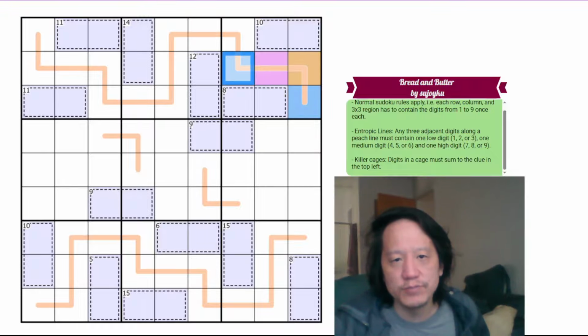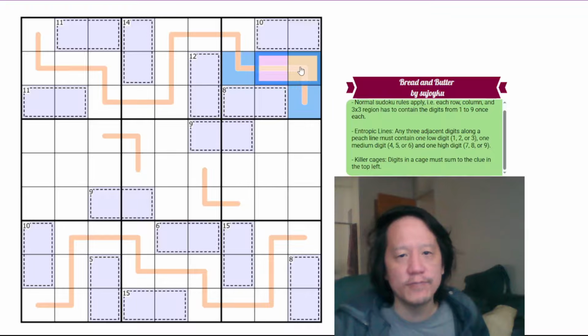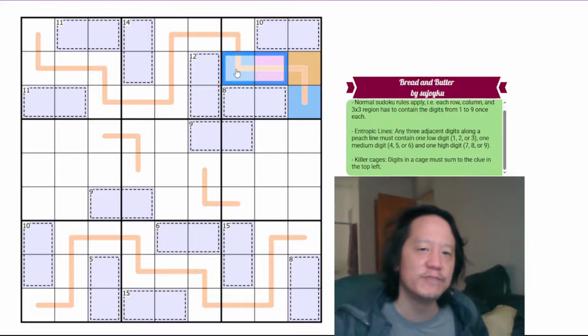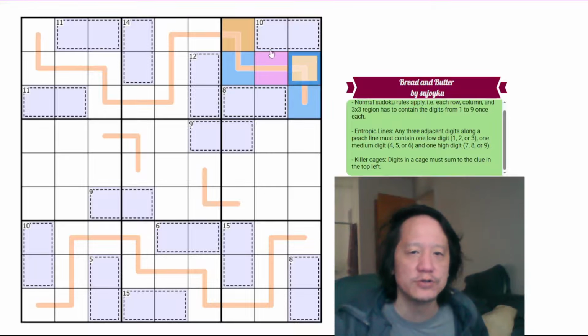And then this is blue, because we already have one from the orange and one from the pink set in this set of 3, so this must be blue. Every third digit on one of these lines will always be the same set, right? Because for 3 adjacent digits, you must have one from each distinct set. Since you have orange and pink here, this must be blue. Since you have pink and blue here, this must be orange. So you'll have every third set be the same one.